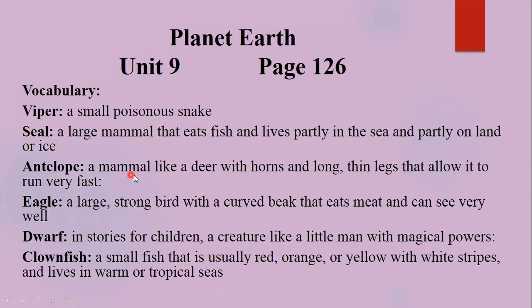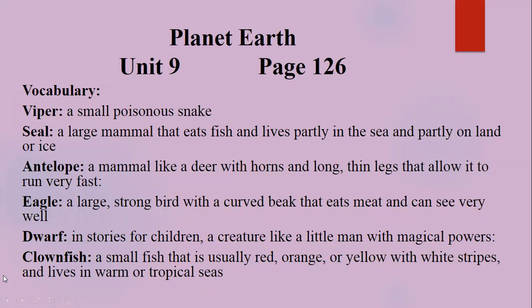Antelope, a mammal like a deer with horns and long, thin legs that allow it to run very fast. Eagle, a large, strong bird with a curved beak that eats meat and can see very well. And dwarf, in stories for children, a creature like a little man with magical powers.